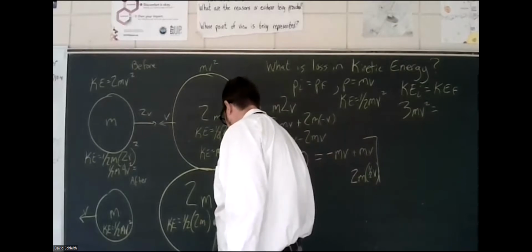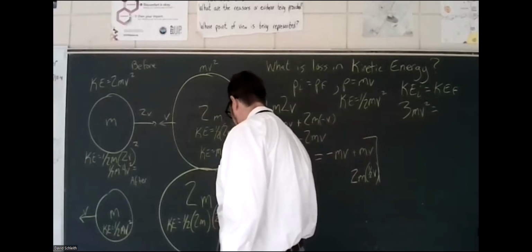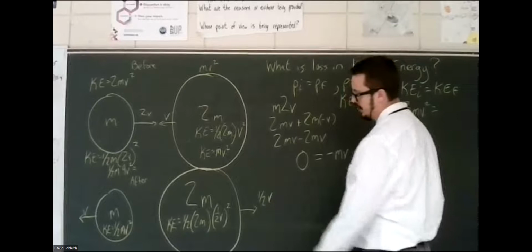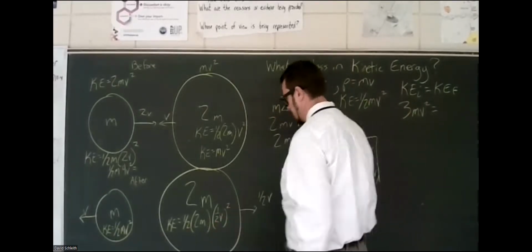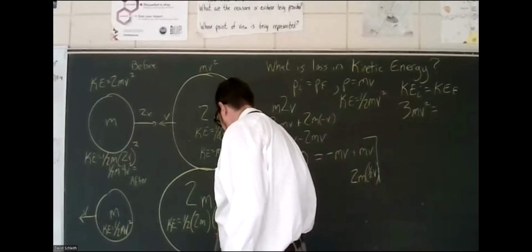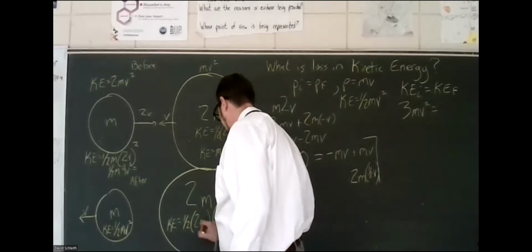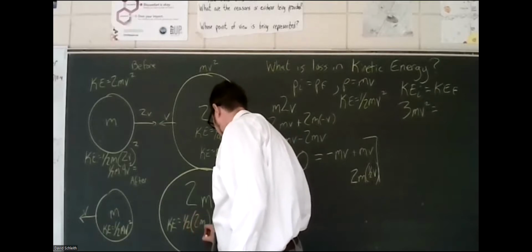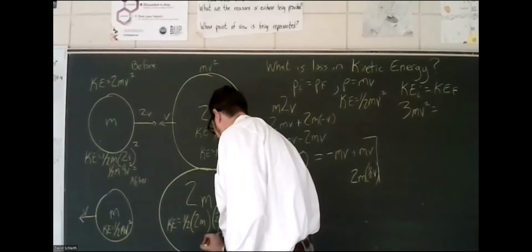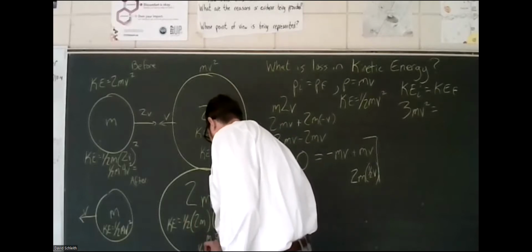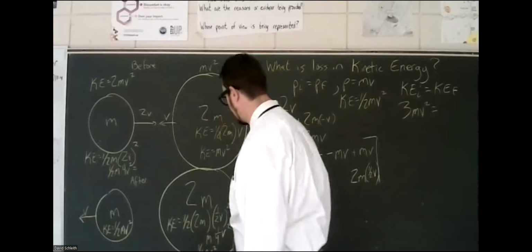So we have 1/2 v, and that quantity is squared. All right. So if we expand this, we're squaring everything inside here. So 1 squared is 1, 2 squared is 4. We have 1/4 v squared times 1/2 of 2 is 1. So we have m times 1/4 v squared, which we could rewrite as 1/4 mv squared.